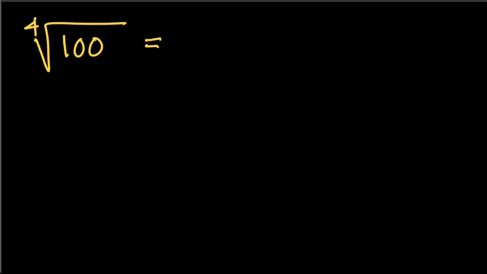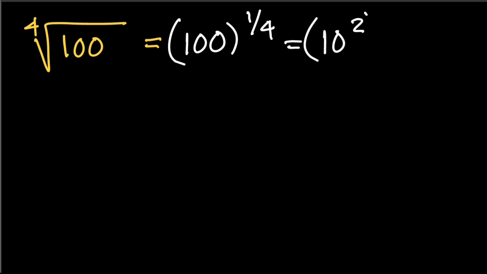How about this one? Fourth root of 100. We cannot find any factors of 100 to the fourth. So we can write this radical expression as a rational exponent: 100 to the 1/4. And 100 can be written as 10 squared, so this is 10 squared to the 1/4.